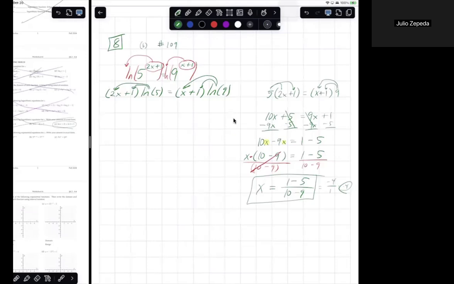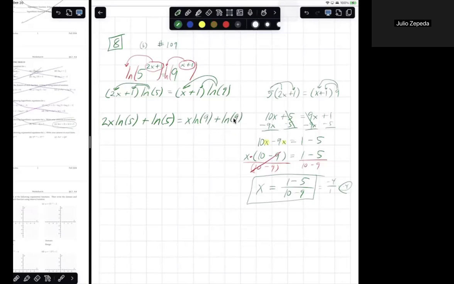And so we end up with 2x times the natural log of 5 plus 1 times the natural log of 5 equals x times the natural log of 9 plus 1 times the natural log of 9.